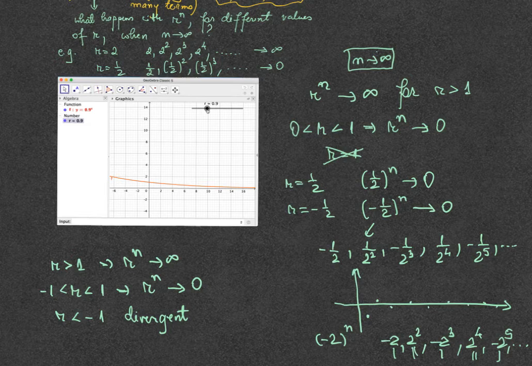Same, not a nice case, is when r is negative 1, because your sequence is negative 1 to the power of n. So it's negative 1, 1, negative 1, 1. So it doesn't stabilize, it alternates.